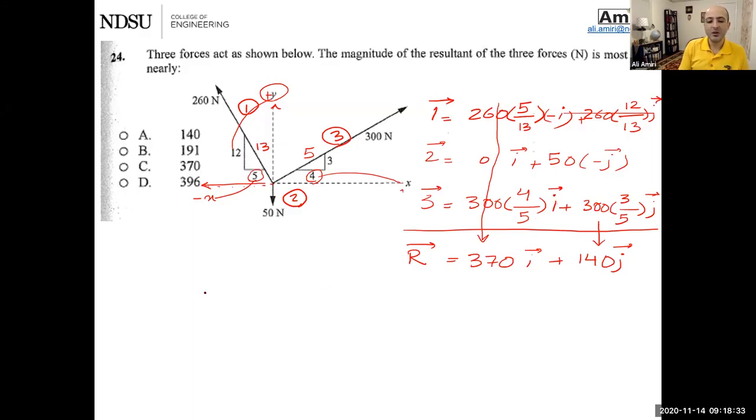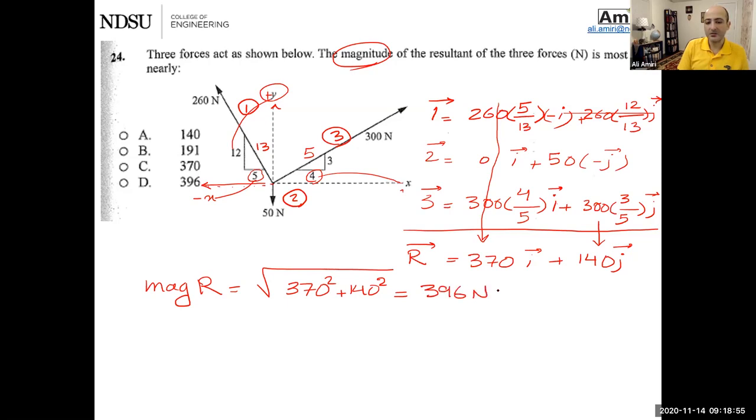Same as before, to find the magnitude, all I have to do is find the square root of the sum of the squares of those two, 370 and 140, which will give you 396 newtons.